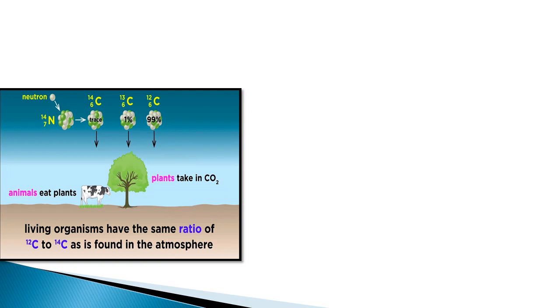So what happened? Carbon and nitrogen react with each other, and carbon absorbs one neutron from the nitrogen and converts into its isotopes, C13 and C14.